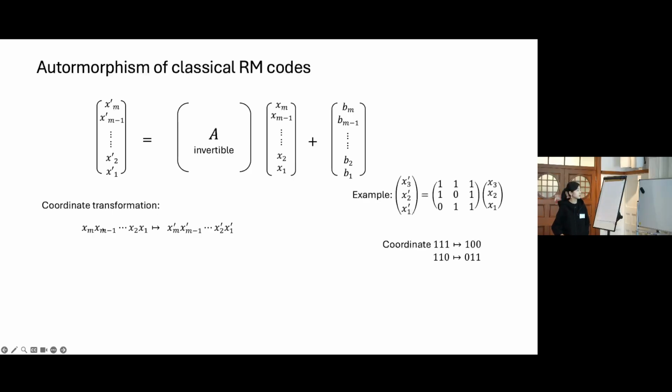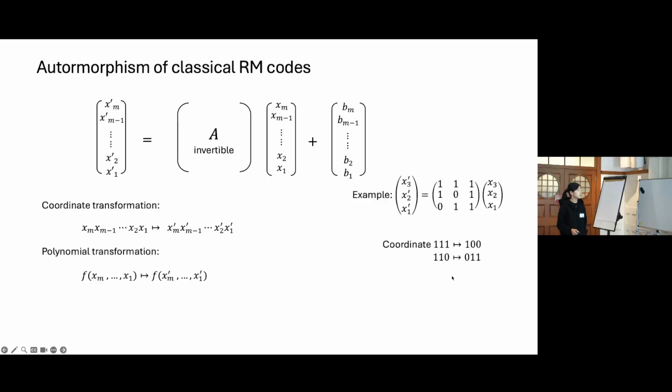To give an example, if you take A to be something like this and ignore B, and you substitute 111 here, 111, and you multiply them, you get this to be 100. So this AX plus B thing here is a coordinate permutation.